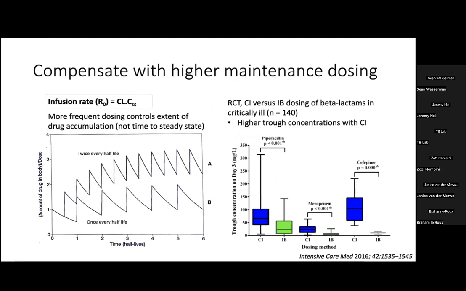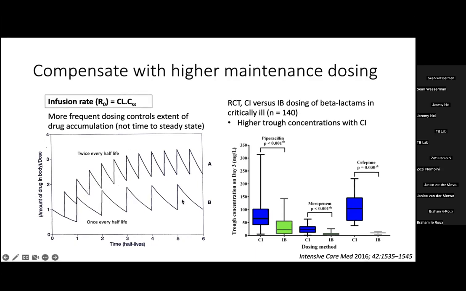Now, the way to compensate for this increased clearance, if you're giving a drug intravenously, is to increase the infusion rate, because the steady state concentration that you want to achieve is influenced by the rate of infusion and the clearance. And so when the clearance goes up, you increase the rate of infusion to maintain a target steady state.